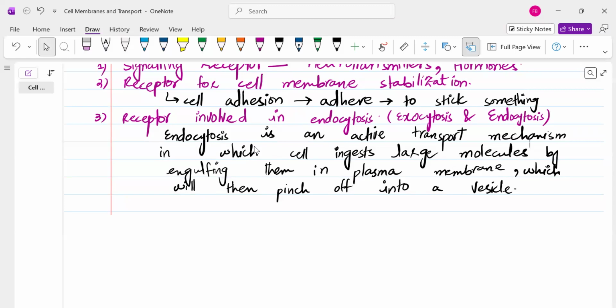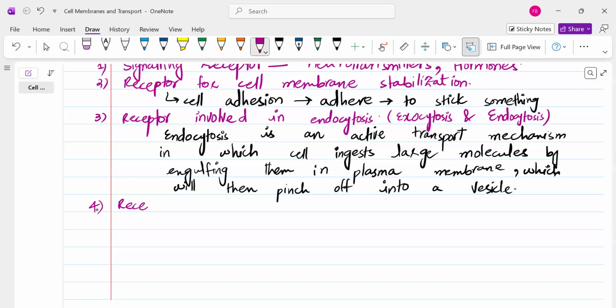They will help in recognition of the pathogen. So there are receptors that will help in cell recognition.